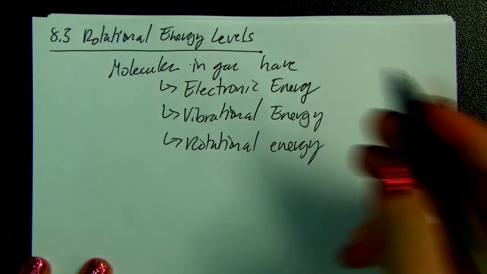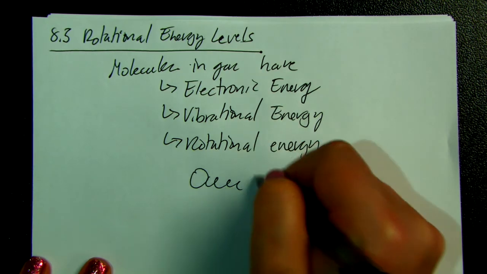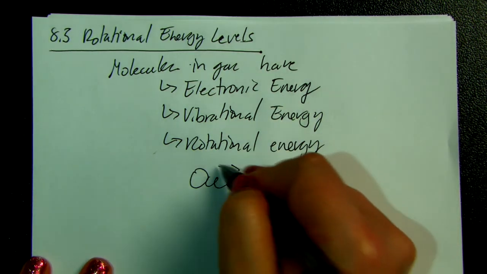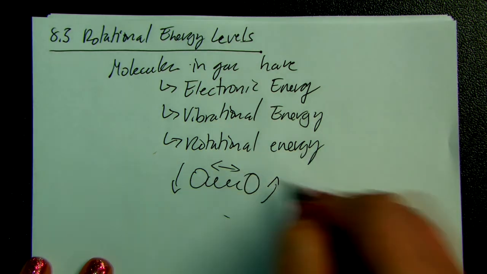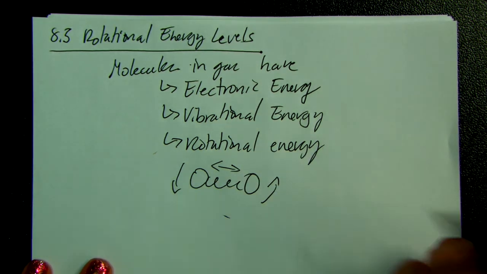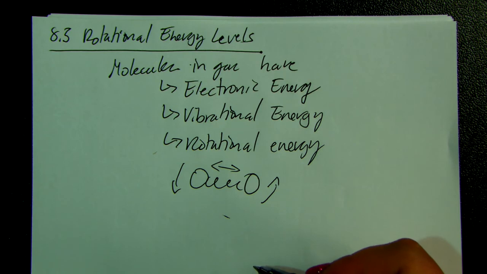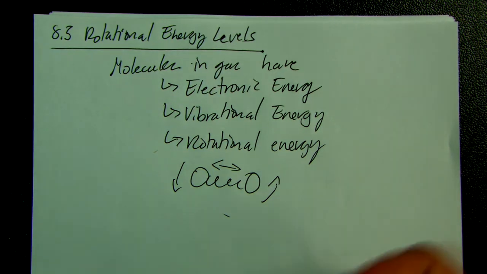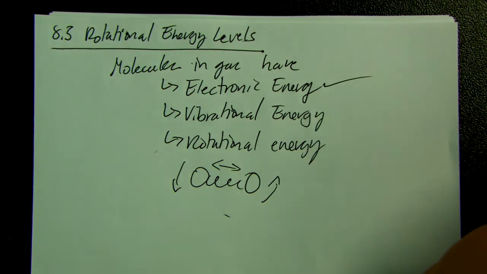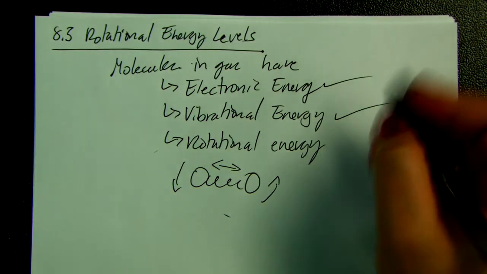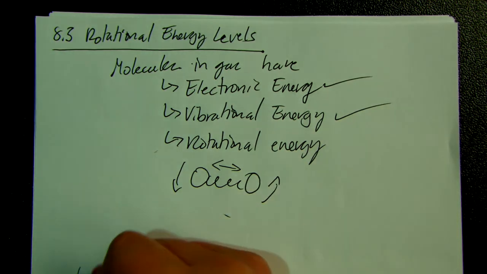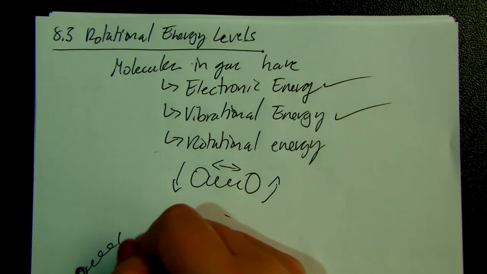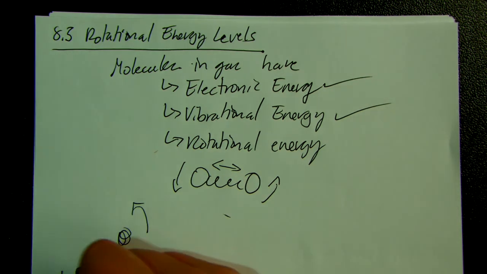So basically what you've got is these molecules joined. They can be vibrating back and forth. They can be rotating. And then they can have the electronic energy levels that we've talked about with the electrons. And all of these are quantized. So we've talked about the electronic energy. We've talked about vibrational. Now we need to address rotational. And so rotational is, of course, what I just drew, like this.